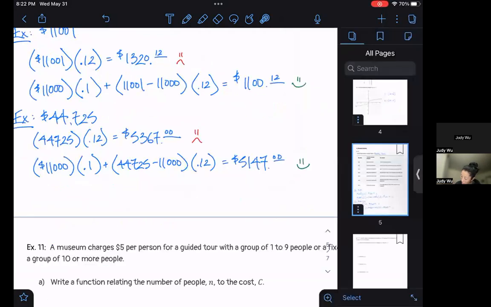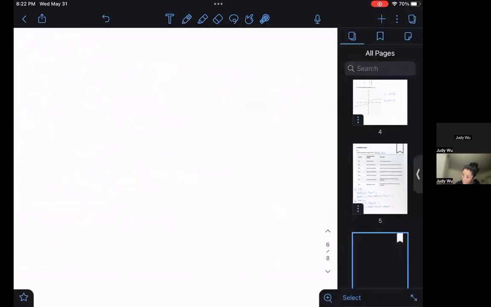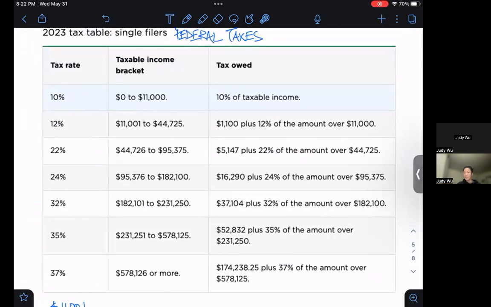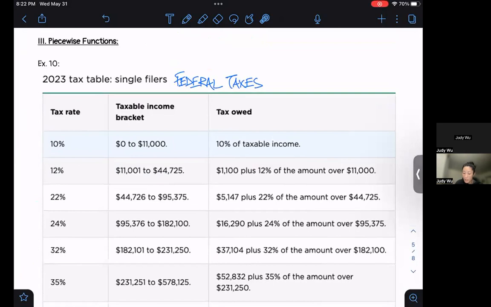So let me add a page in here. But let's go back up to this table for a moment, right? And the title of this section is something called piecewise functions, right? And so, yes, taxes are important, but also in the big picture, sometimes we run into situations where we really need more than one rule in order to figure out what's happening.